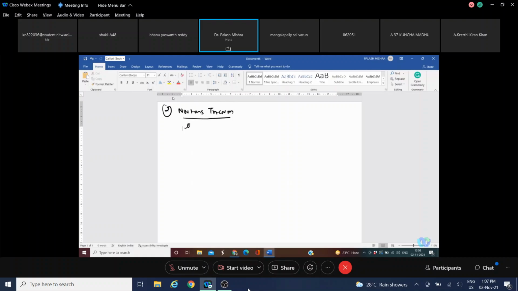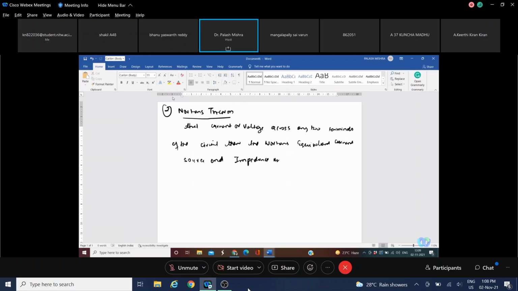Norton's theorem states that if you have to find the current or voltage across any two terminals of the circuit, then the Norton's equivalent current source and impedance must be calculated. What does it say?